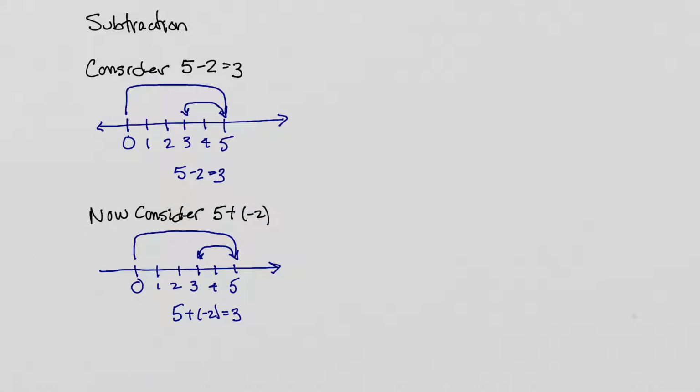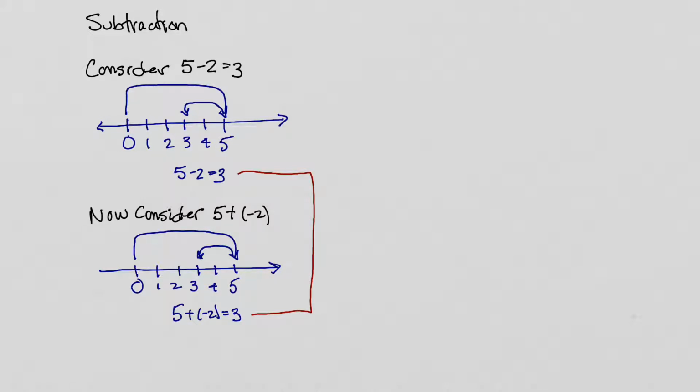So let's compare these two results. Let's take this one. 5 minus 2 is 3. And compare it to this one down here. 5 plus negative 2 is 3. Now, this one, we know how to do, right? Adding two numbers with opposite signs. Here's a subtraction.